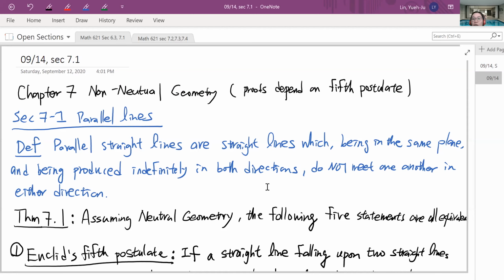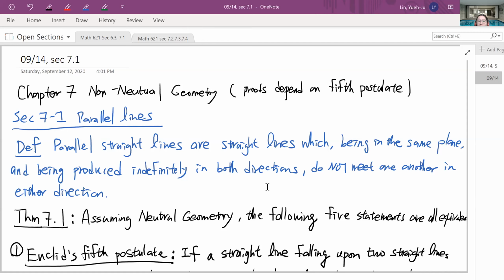But it turns out that there's also what we call non-neutral geometry. Starting from chapter 7, the results we are going to see will depend on the 5th postulate, which means we're going to talk about quite many results related to parallel lines.